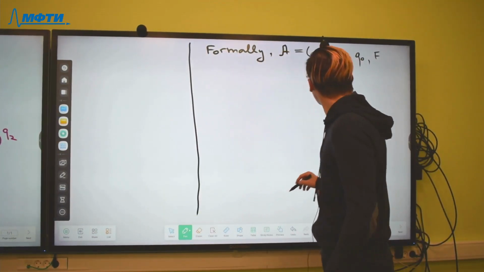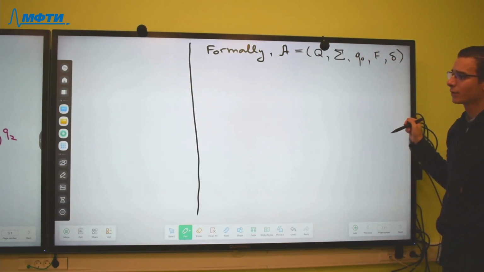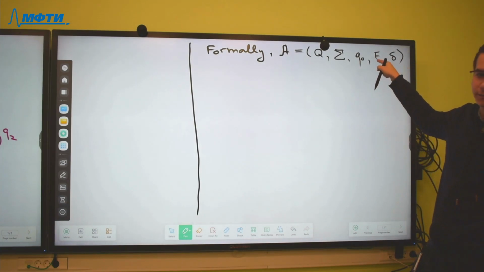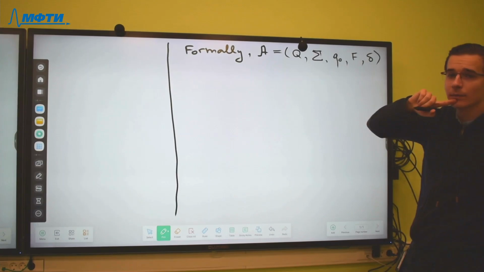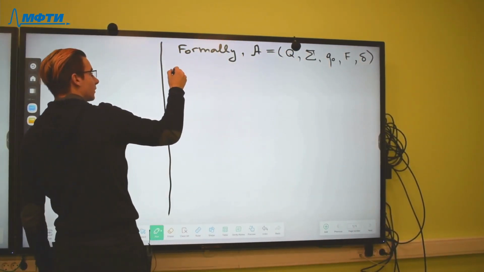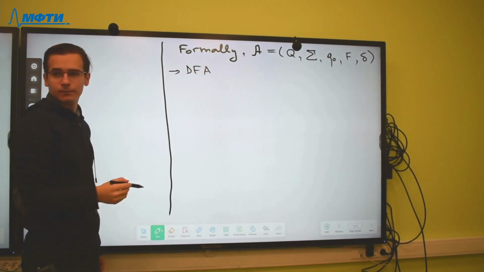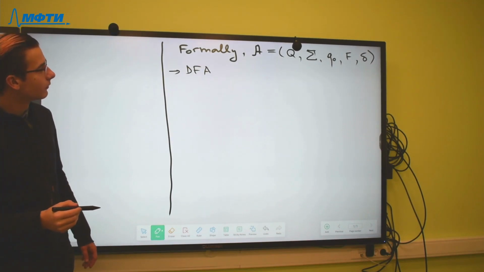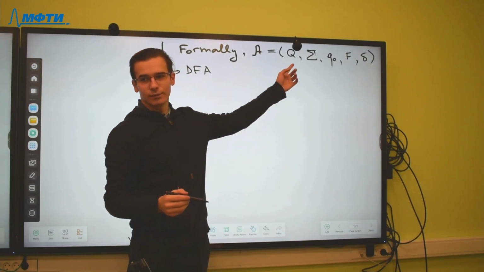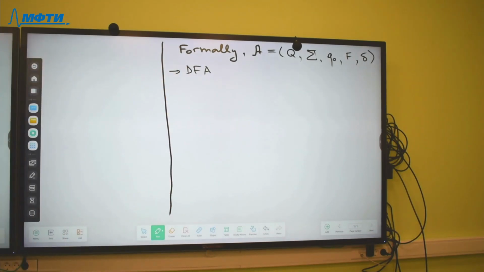And the main part is the transition function, which is equal to the edges in this graph. Q is the set of vertices. They are named the states of the finite automaton.